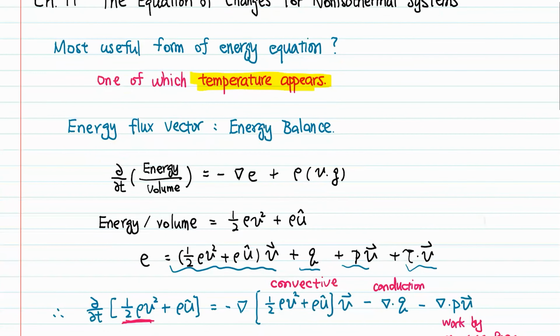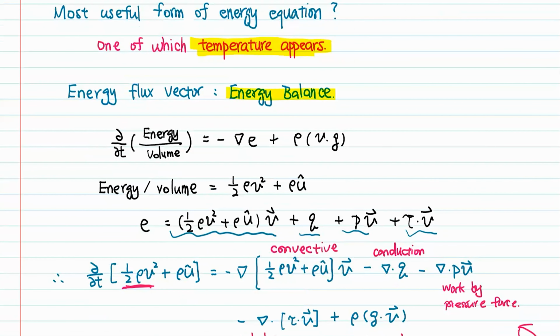And we started by looking at an overall energy balance of the system. So we have the change of energy per volume. That includes the mechanical energy and the internal energy term here, equals the gradient of the combined energy flux vector, plus external forces, or the work that's associated with external forces, right?